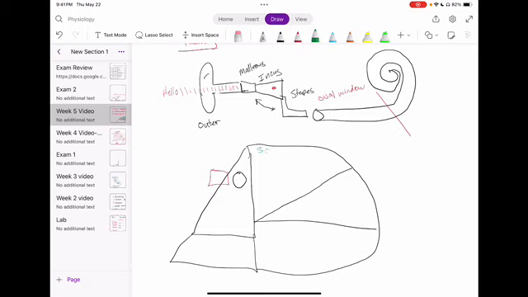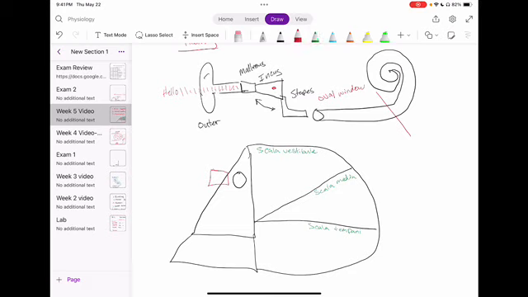This is the scala vestibuli, scala media, and scala tympani.